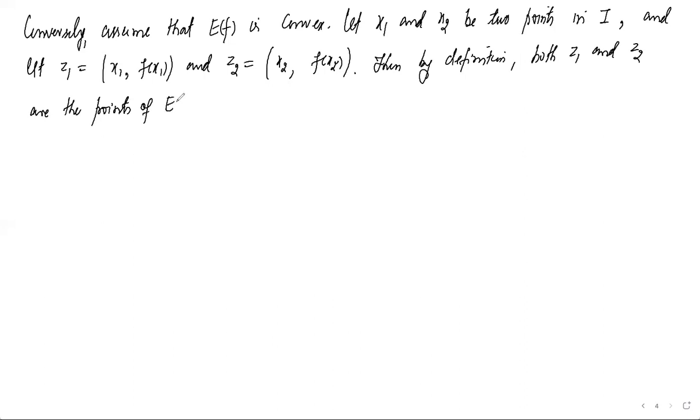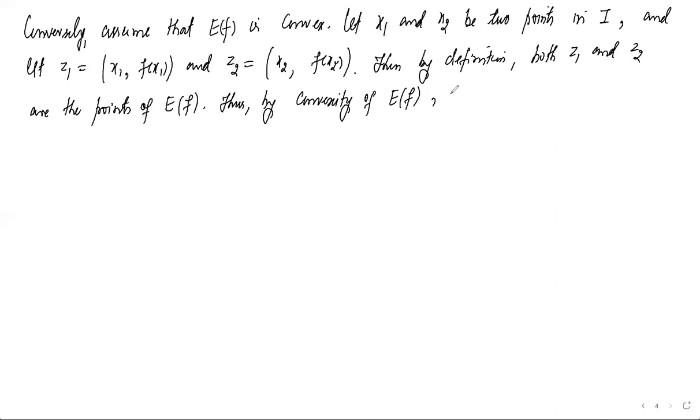Are the points of E of f. Now, by convexity of E of f, we need to have that the line segment joining these 2 points lies entirely in E of f.